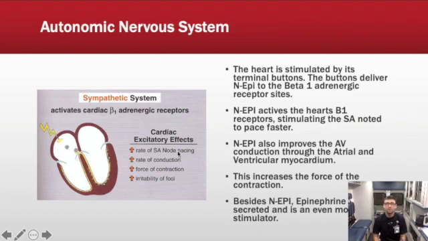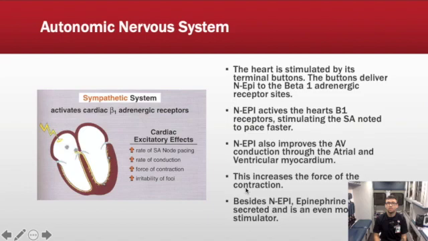This is going to make it go a little bit faster, increases that rate of conduction, increases the force of contraction, and when I talk force of contraction, how hard the heart is actually pumping, and then the irritability of the foci. So the irritability would be how the nodes and the foci points of the heart are actually receiving those impulses.